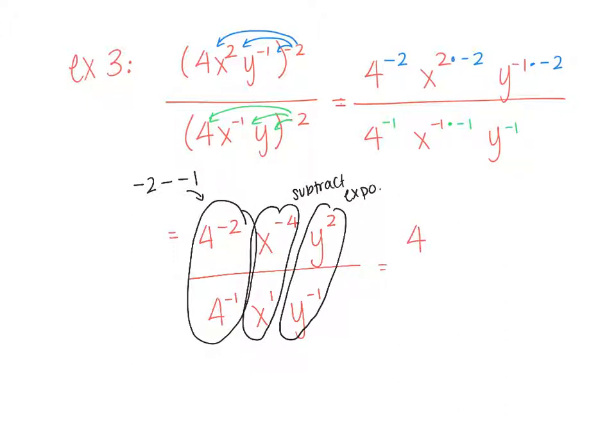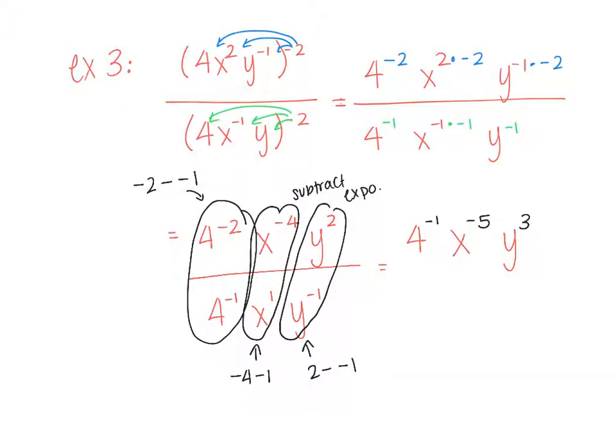So I have 4 to the negative 1. I'm going to do the same thing with the x. So I'll have negative 4 minus 1, top minus bottom, which will give me x to the negative 5. And then the last one, 2 minus negative 1, negative negative turns to positive, so I'll have 2 plus 1, which will give me y to the 3, positive 3.